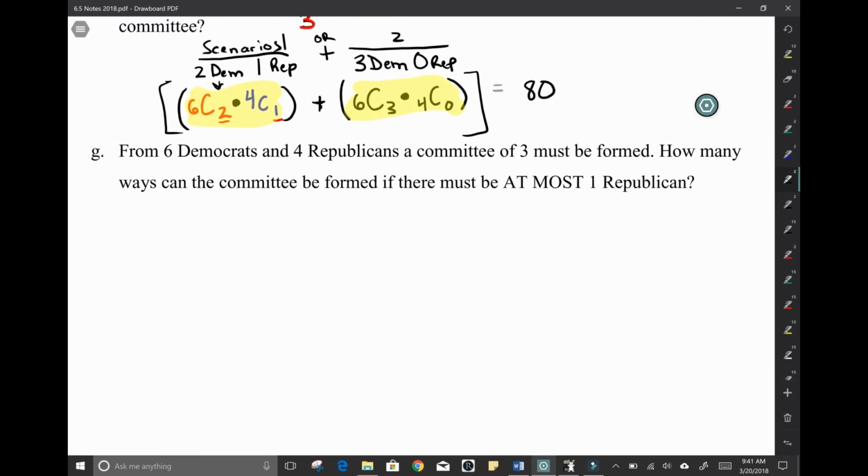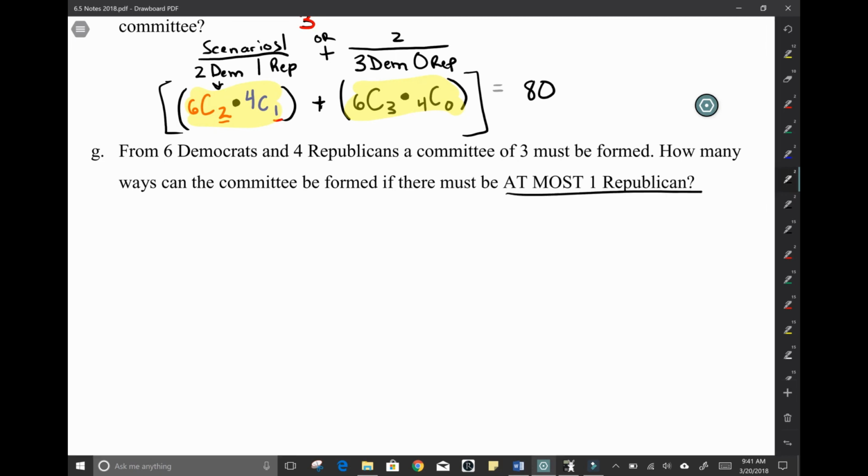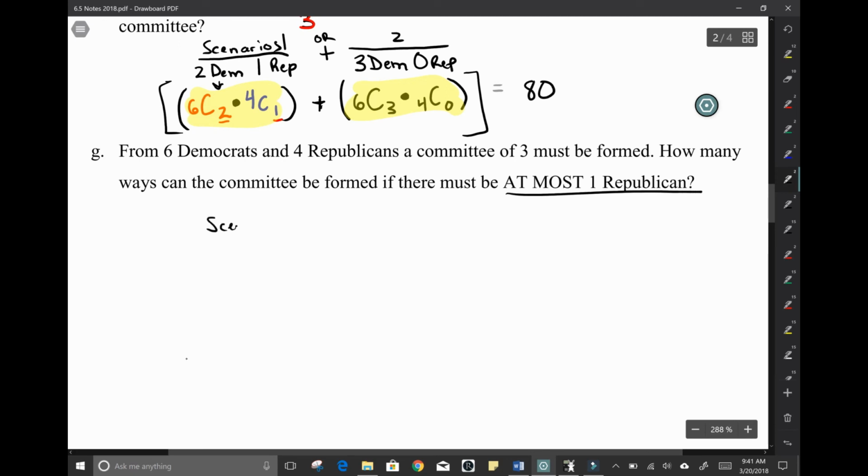Now, committee of 3, at most 1 Republican. Okay? So at most, this is kind of similar, but notice, scenario 1. We can have 1 Republican and 2 Democrats. Or we can have scenario 2, in which we have 0 Republicans and 3 Democrats.